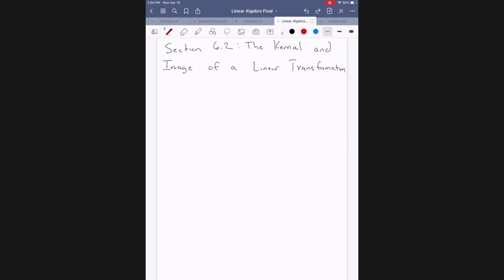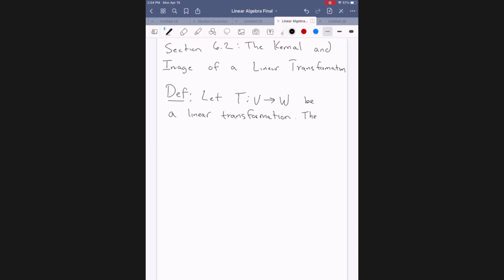Okay, so definition. So let T from V to W be a linear transformation. So it goes from a vector space V to a vector space W, right?